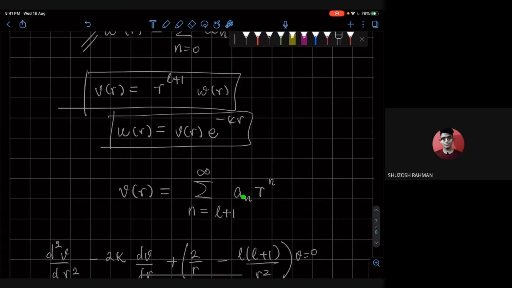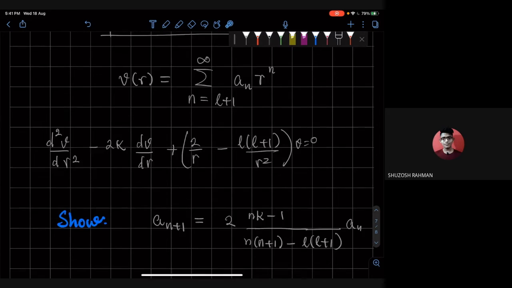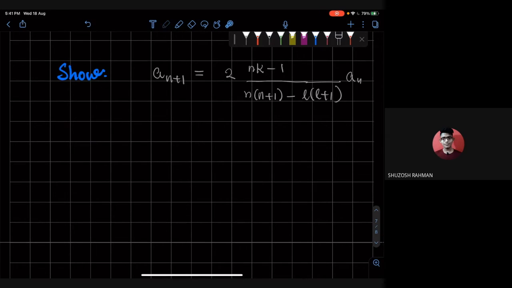So for large values of r, we want to look at what this looks like in the limit where n goes to infinity. And in that limit, a_{n+1} over a_n, the ratio of the coefficients, is 2k over n.